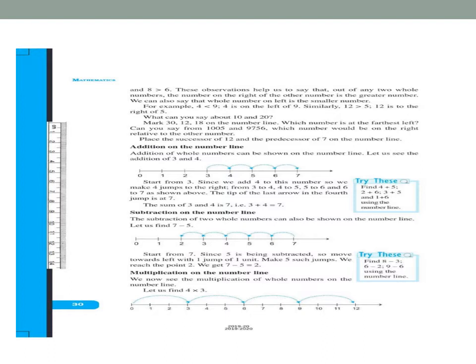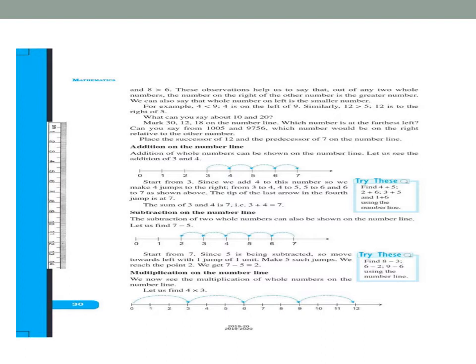Is it clear? Similarly, 8 is greater than 6. These observations help us to say that out of any two whole numbers, the number on the right of the other number is the greater number. We can also say that the whole number on the left is the smaller number.